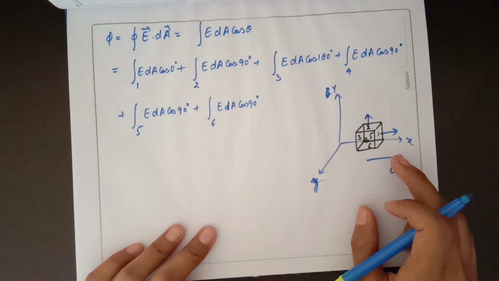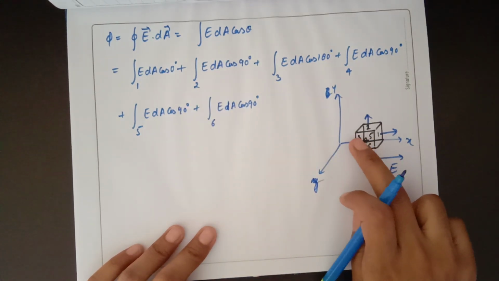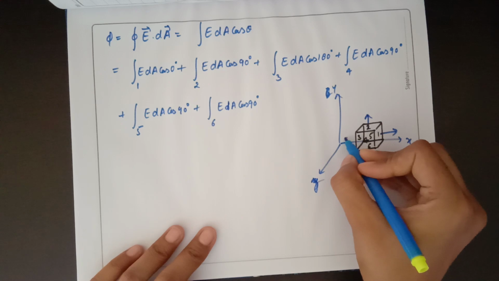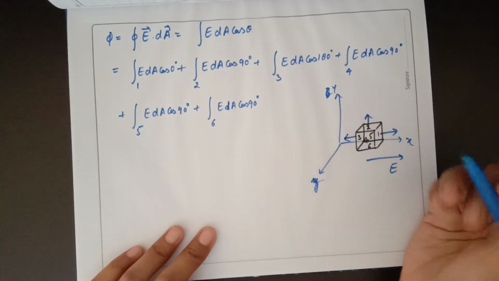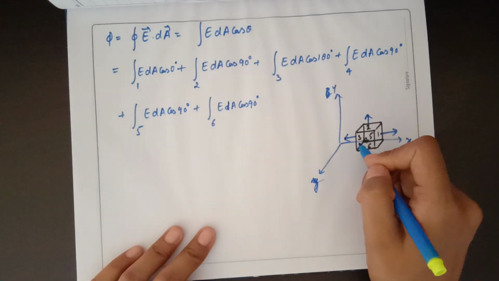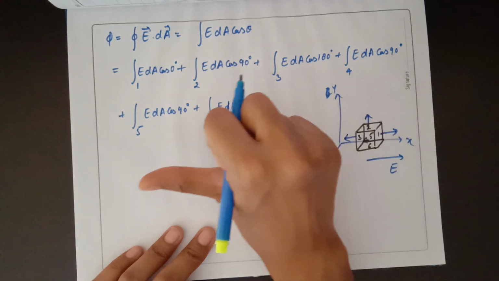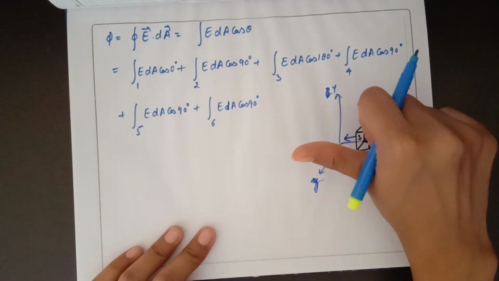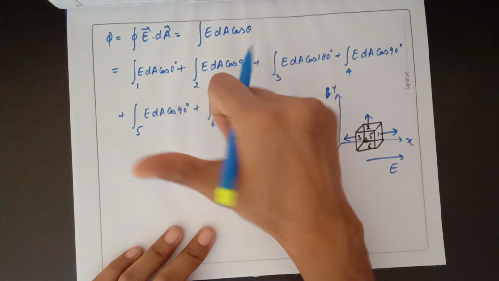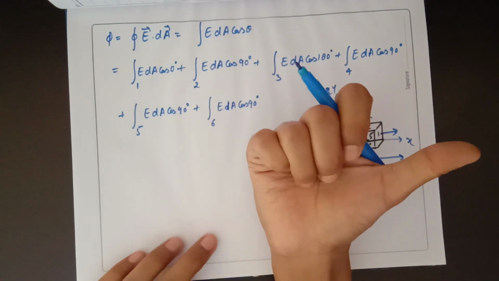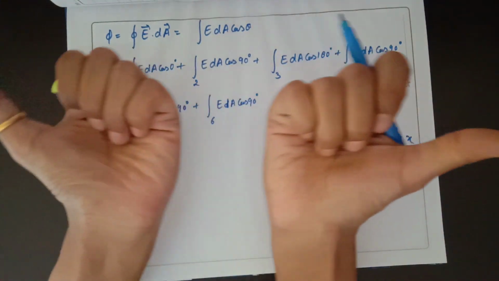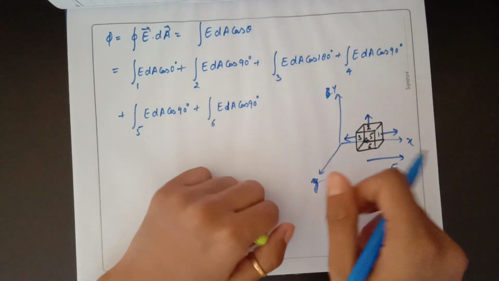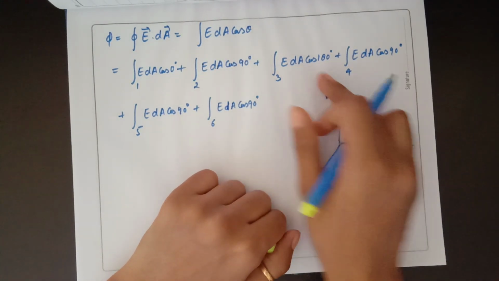Similarly for the third surface, this is the normal for the third surface, and you can see the normal to the area is in this direction, and the electric field is in this direction. So these two are making an angle of 180 degrees.